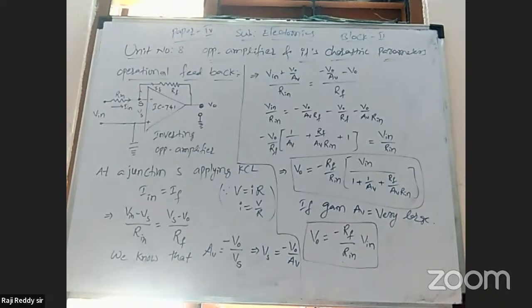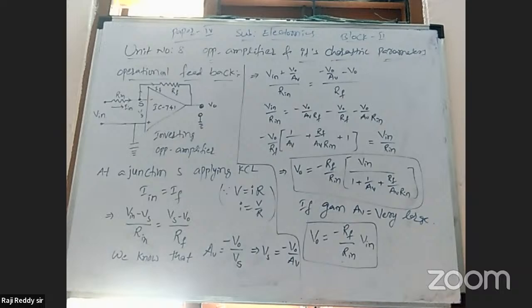Next, one more important SAQ, a 5 mark question: distinguish between ideal operational amplifier and practical operational amplifier. These points you can expect in 5 marks. The operational feedback amplifier explanation is 10 marks.